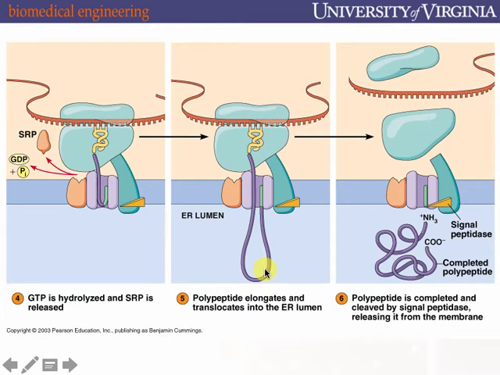Then upon completion of translation and disassembly of the ribosome, a signal peptidase in the membrane of the ER becomes activated and cuts off the signal sequence, and now you have a mature translated polypeptide in the lumen of the endoplasmic reticulum.